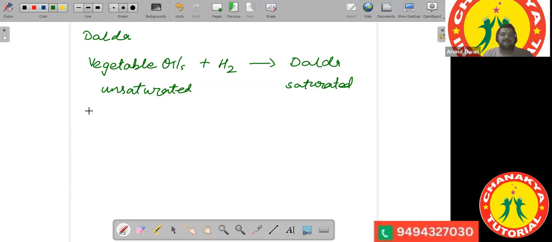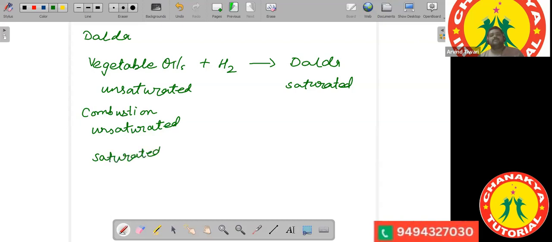That is combustion. For the combustion of unsaturated hydrocarbons and saturated hydrocarbons, the unsaturated hydrocarbons burn with a smoky flame.